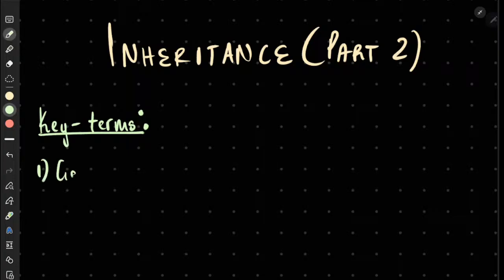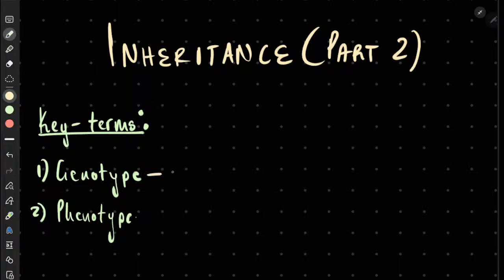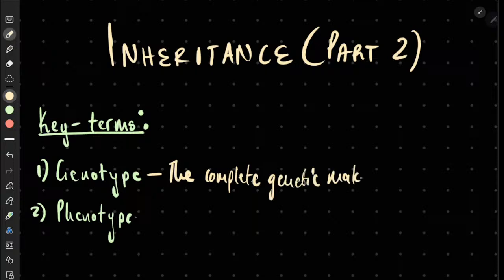Number 1 is what is genotype? Number 2, what is phenotype? When we say genotype, we say the complete genetic makeup of an organism.